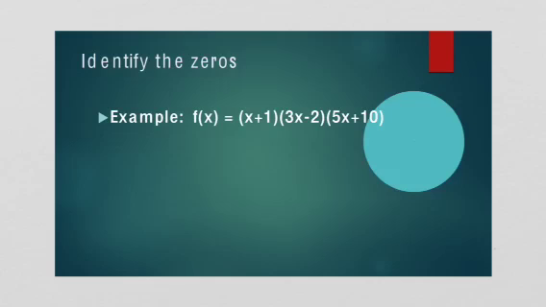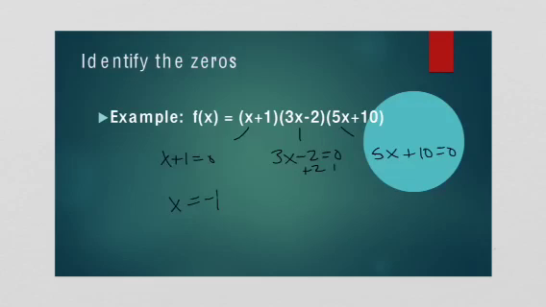Next example, notice that not all of them have x by themselves. So when we set each factor equal to 0, in some cases there's a little more work that has to be done to solve the equation. But you're going to solve it algebraically, just like you normally would. And I get x equals negative 1.